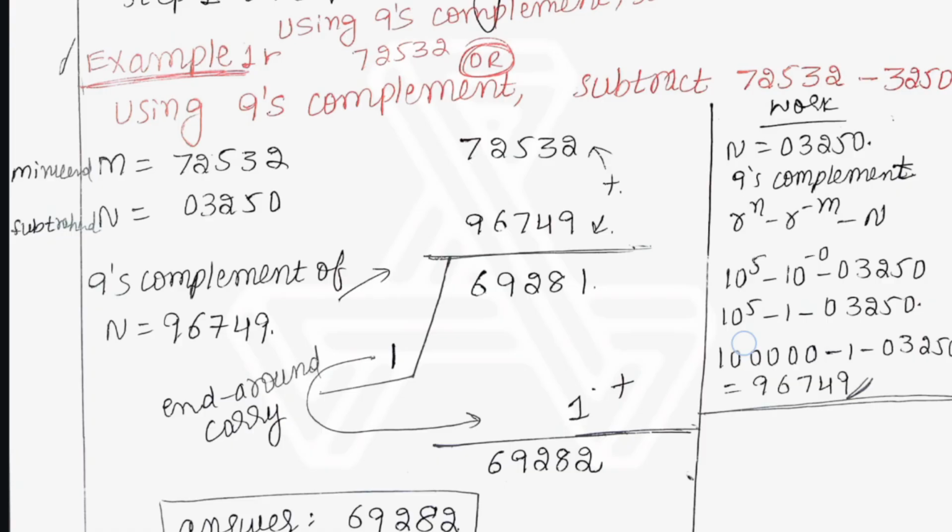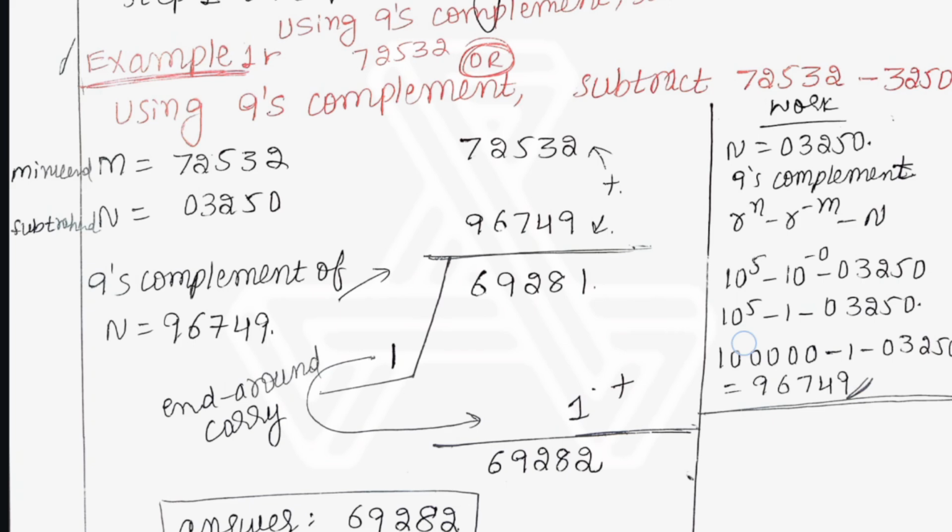Here, by adding this to the minuend 72532, we get 169281. Since the end carry is 1, there should be 5 digits only.